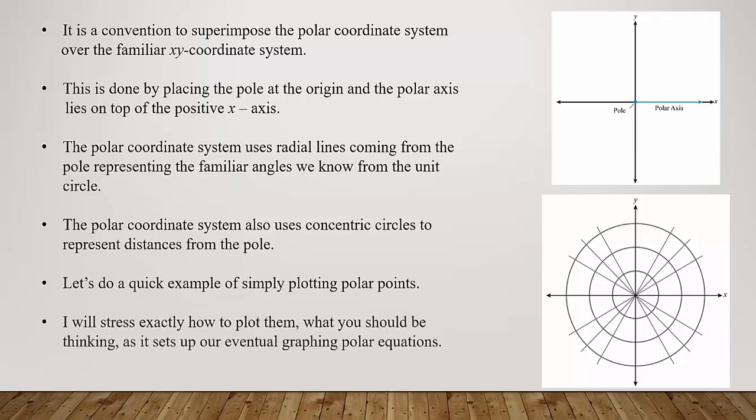And in this example, I'm going to stress exactly how to plot them, what you should be thinking, because how you plot them and what you should be thinking is going to set up our eventual graphing of polar equations, which in turn is going to set up what happens in the next section.